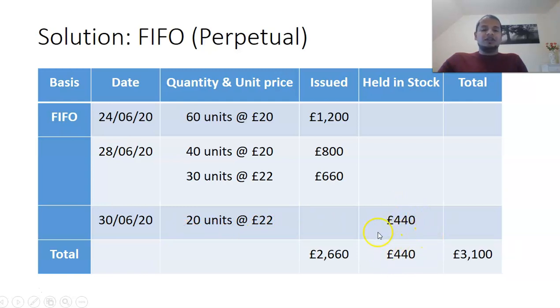This 440 is the value of closing stock, and if you add all the issues together, this is the total of the materials used, the material consumed, or, if it is finished goods, the cost of goods sold.